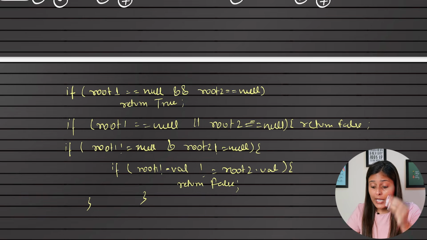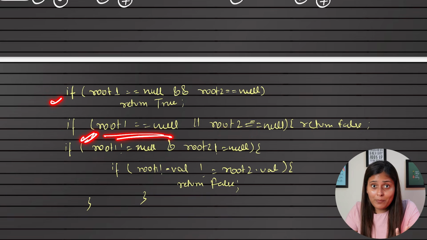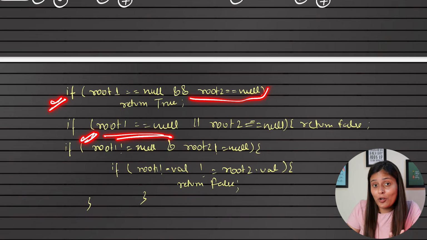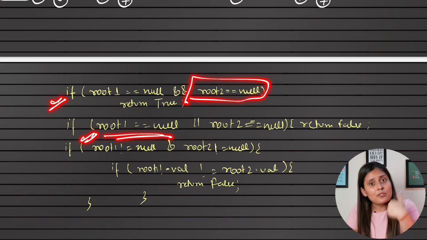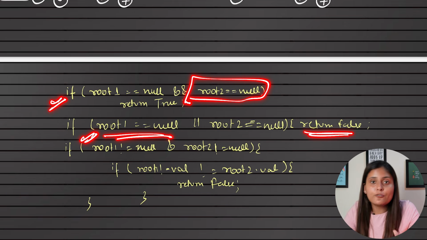So for the second check, if any one is null: if root 1 is null, but the previous check did not pass, for sure root 2 was not null, right? So if root 1 is null, it means root 2 is not null, for sure, return false.